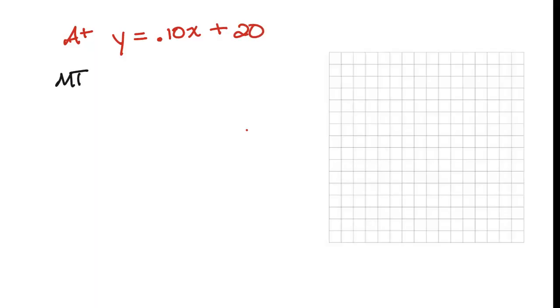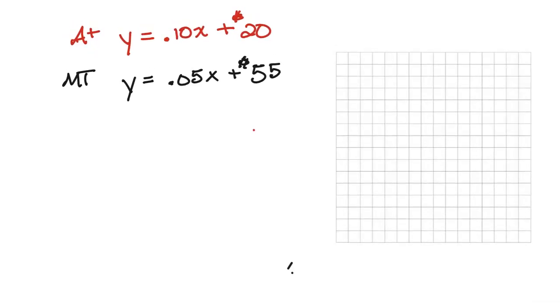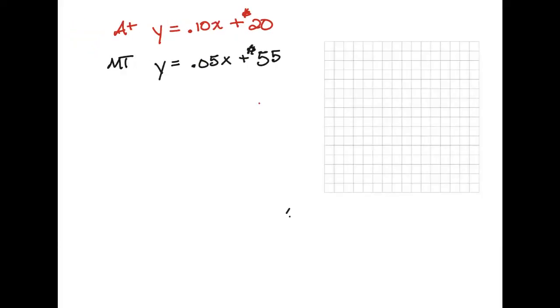Do you see why this could be me? Kind of punny. More talk and A plus. Y equals 0.05x plus $55. I know, so I did. Did she say that? Yes, she did. All right, so we need to graph. What is going to be on my x-axis?